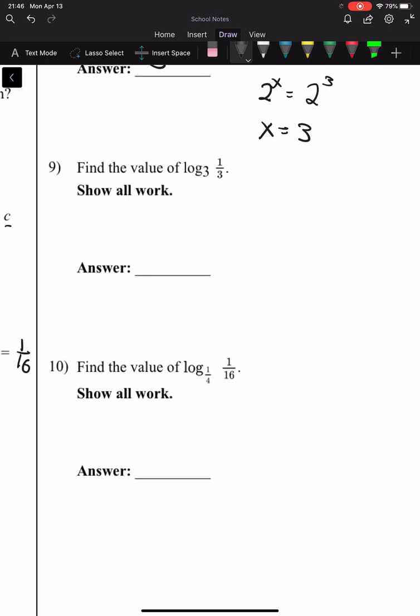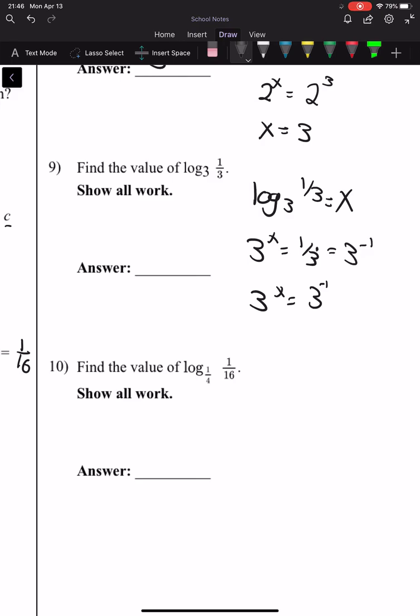And now we'll take a look at number 9. So log base 3 of 1/3 equals X, 3 to the X equals 1/3. So how do we figure this out? 3 to the X equals 3 to the -1st power, because 1/3 is technically 1 over 3 to the 1st power, so if we brought that up and made our exponent negative, we'd have 3 to the -1st.